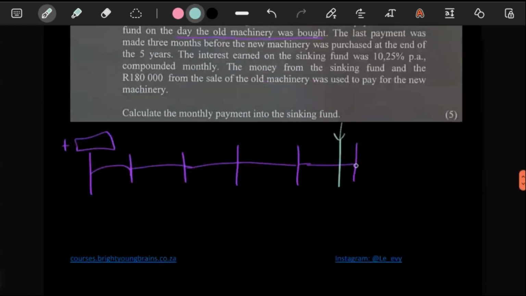The reason this is important is that if they were to make payments throughout the entire 5 years, the number of payments would have been 5 years times 12 plus 1, meaning they would have made 61 payments from here all the way to here.